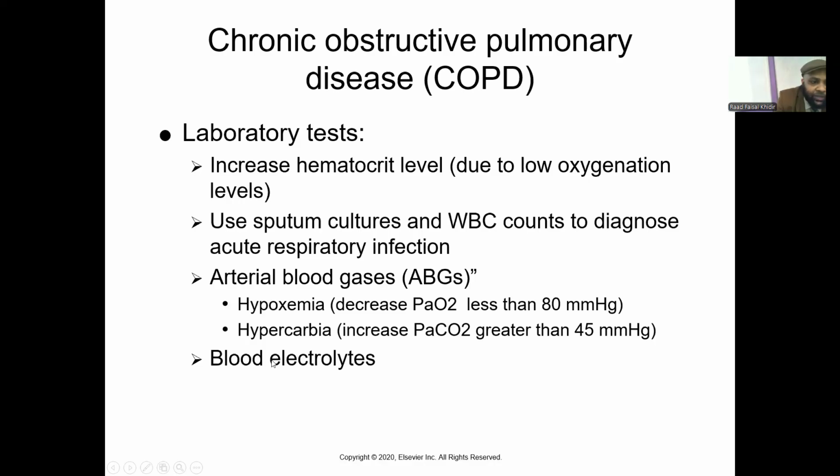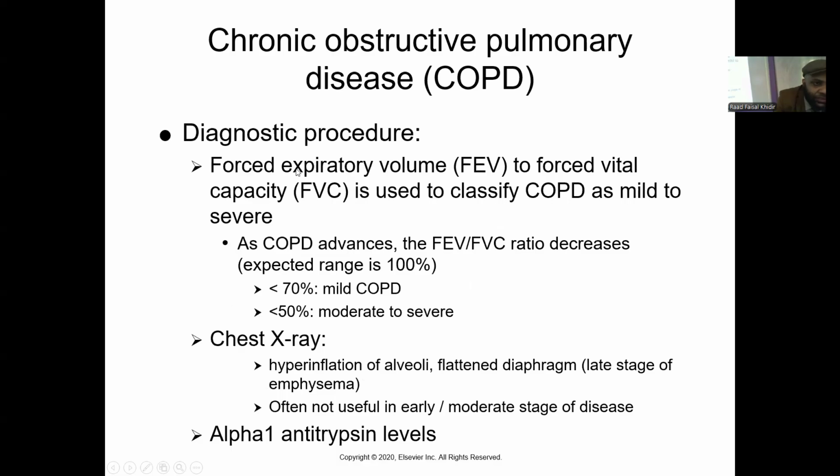We talked about that. Hypercarbia is when the partial pressure of carbon dioxide is more than 45 millimeters of mercury. That's too much. That's poisonous. In hypoxemia, there's a decrease in oxygen to less than 80 millimeters of mercury. As a diagnostic procedure, the forced expiratory volume, FEV, to forced vital capacity ratio is used to classify COPD as mild to severe.